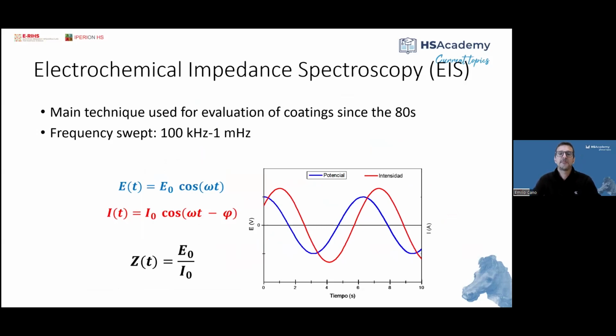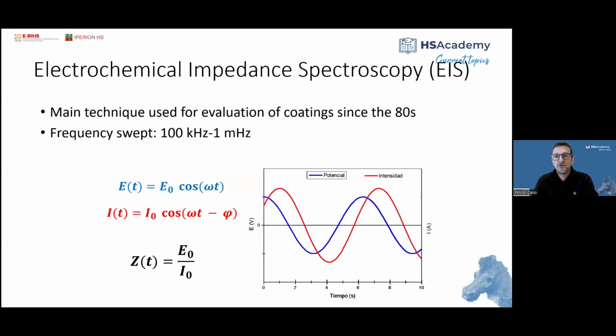The second technique that I will be explaining is the electrochemical impedance spectroscopy. This is one of the most popular techniques used for the evaluation of coatings since the 80s of the past century. So we are at 40, 50 years that this technique has been very well established in corrosion studies.